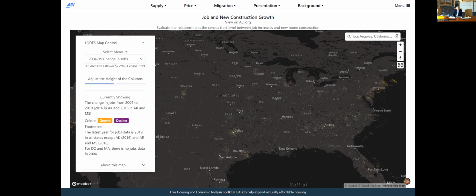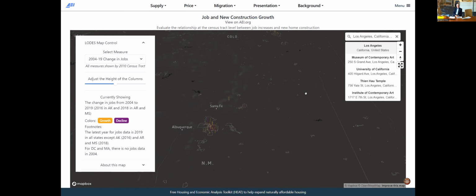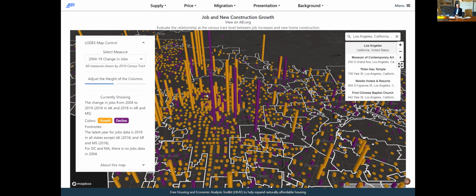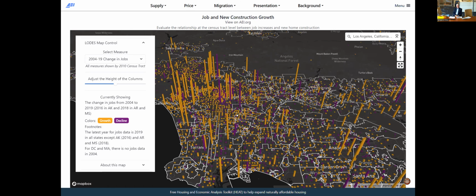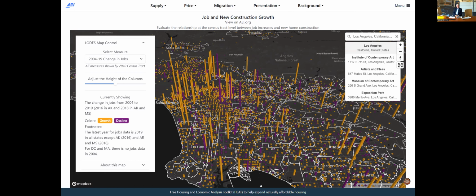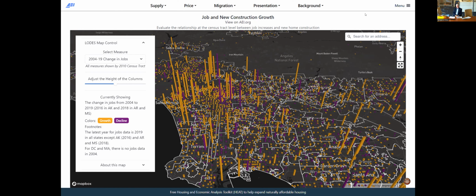And we're going to look at changing jobs from 2004 to 2019. So this is showing us where the growth in jobs are and where the decline in jobs are in the LA area. And of course, you see this vast increase in jobs, but there's virtually no increase in housing.